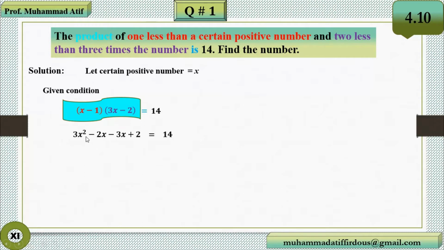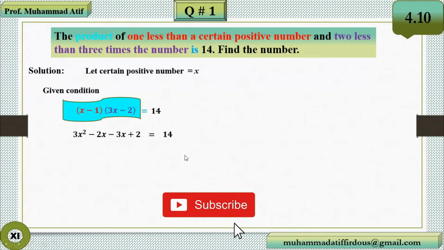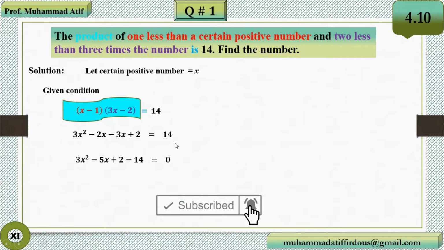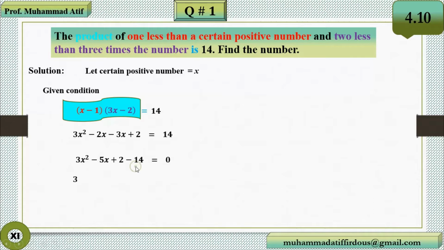We have 3x square minus 2x minus 3x plus 2 is equal to 14. Moving 14 to the left-hand side and simplifying further, we have 3x square minus 5x minus 12.